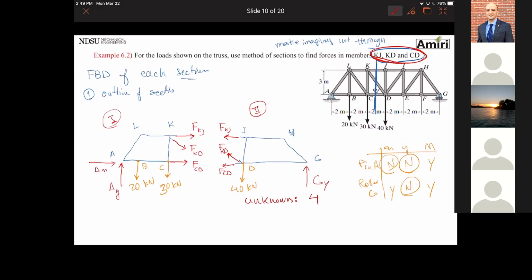How many equations do you have for a rigid body? 3, right? If you want to pick free body diagram number 1, how many unknowns do you have there? 5. AX, AY, and the 3 forces. Boy, the case is more severe here. I have only 3 equations. So now what? Now what should I do?